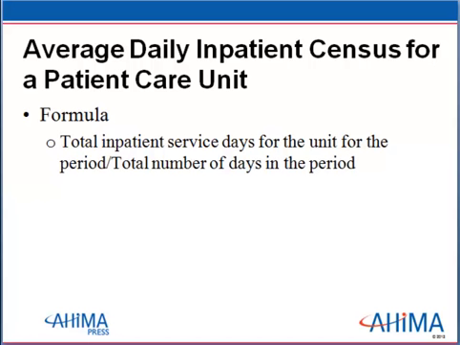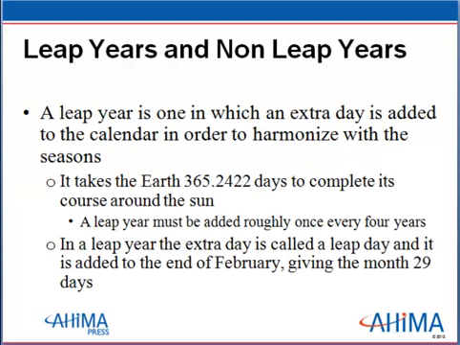It is helpful to know what the average use of a specific unit in the hospital is over, say, a year. So that formula is listed here, the total service days divided by the total number of days. And that's the same as the other average daily census that we've been talking about the last few slides.